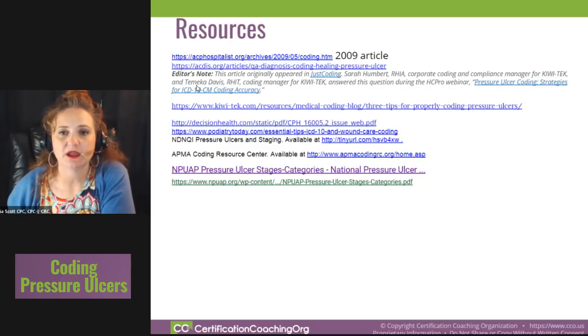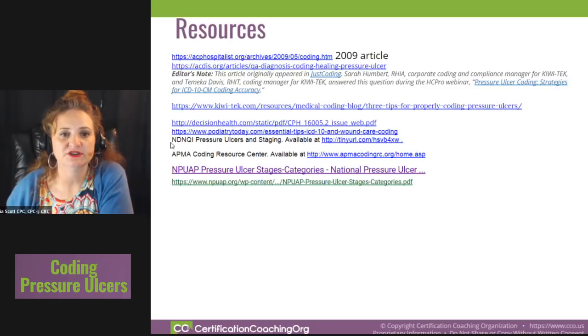Tamika Davis, I've seen other stuff that she has done, and Sarah Hubert, very, very reliable resources, very educated, and RHITs and RHIA, that's always helpful, right? That means that they know inpatient stuff really well.